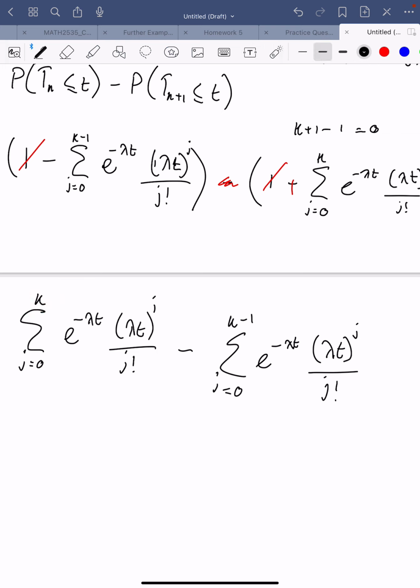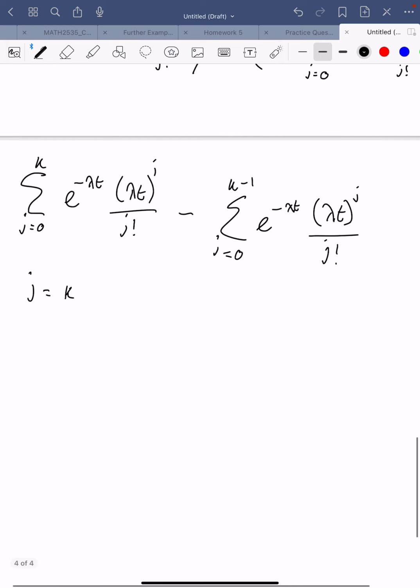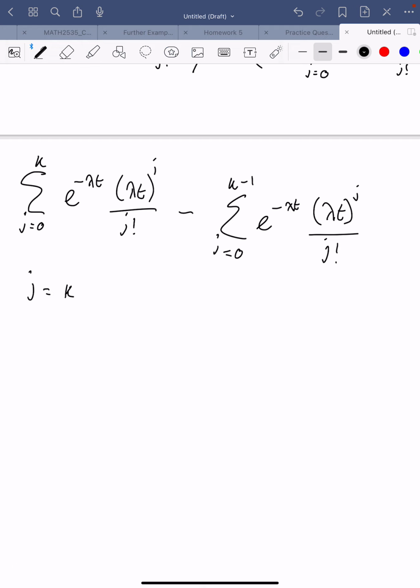So by taking away the second term from the first term, we essentially only have j equals k, because we're taking away j equals 0 from j equals 0, j equals 1 from j equals 1, continuing up till k minus 1, so the only term that we're actually left with, in the first sum, is j equals k, which is then e^(minus lambda t) (lambda t)^k over k factorial.